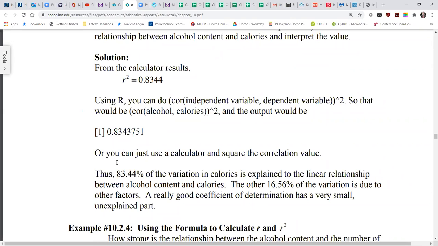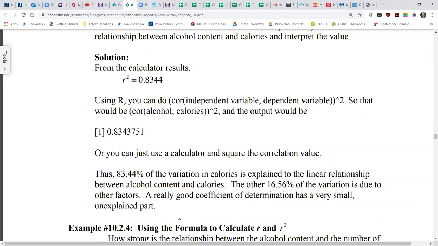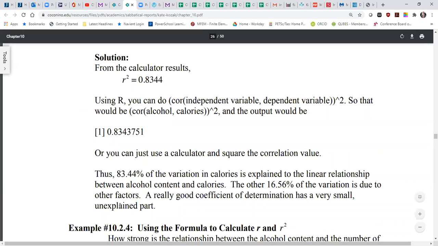Sorry, 83.44% of the variation in calories is because of the relationship between alcohol and calories, and the other variation is due to other factors. So you can see here, a good coefficient of determination has a very small unexplained part.